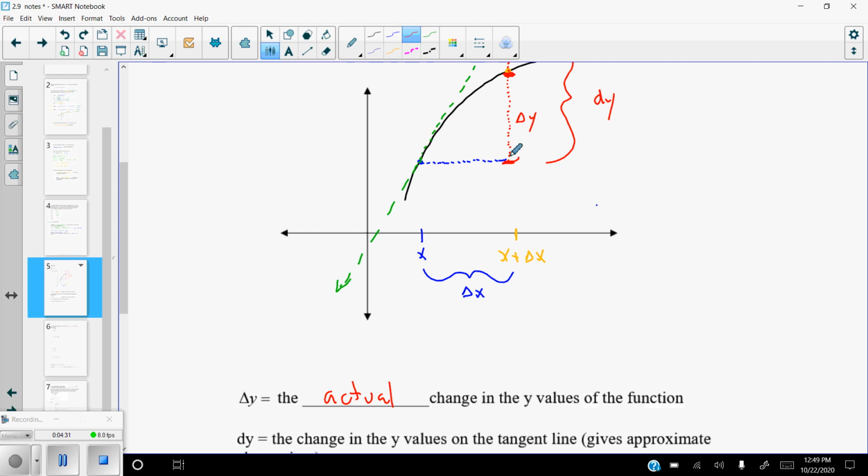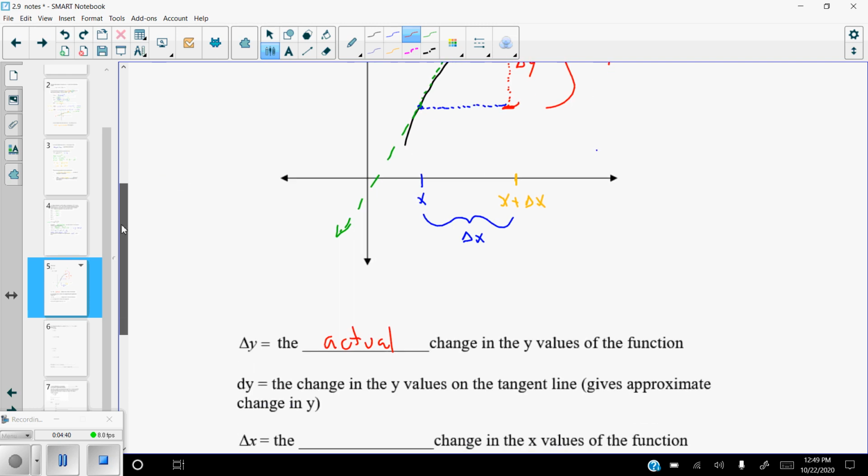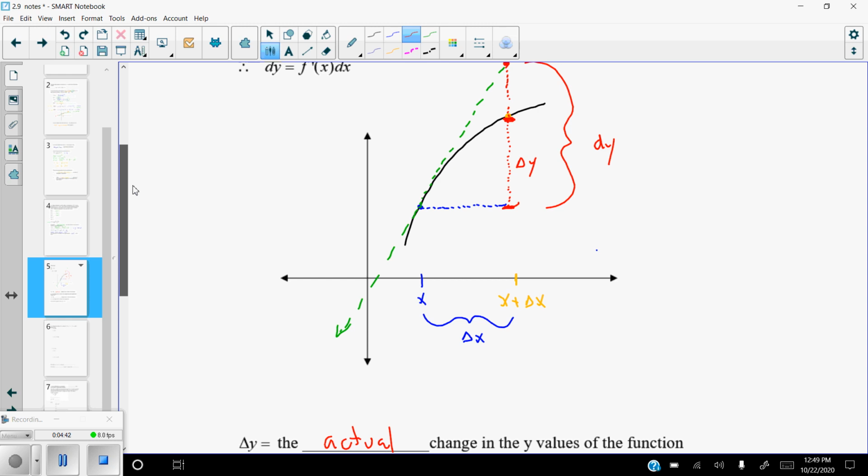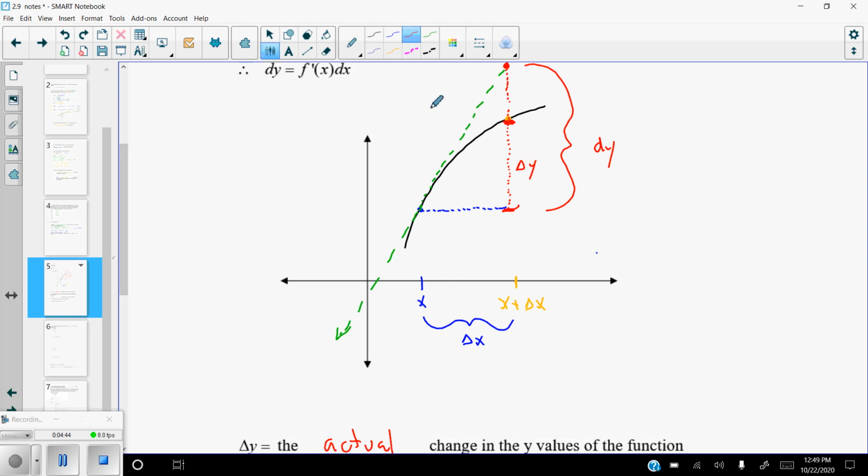That's delta y. dy is the change in the y values on the tangent line, and it gives an approximation for the change in y. It's not exact, but it gives an approximation. Now remember, this is blown up quite a bit, but as this gets really, really, really super small, like right here, if I was to put a red dot right here, that change in the tangent line and the change in the actual function are not going to be all that different.